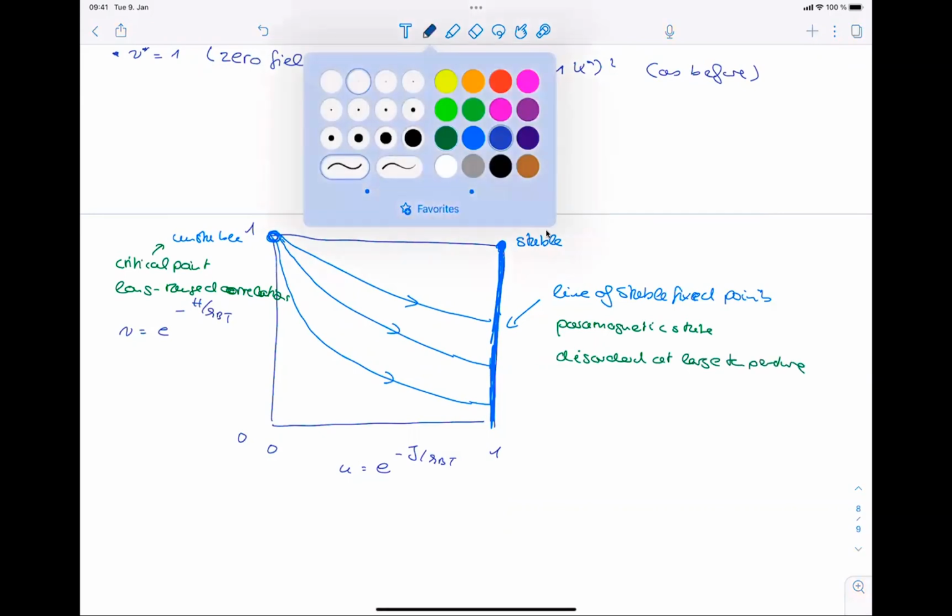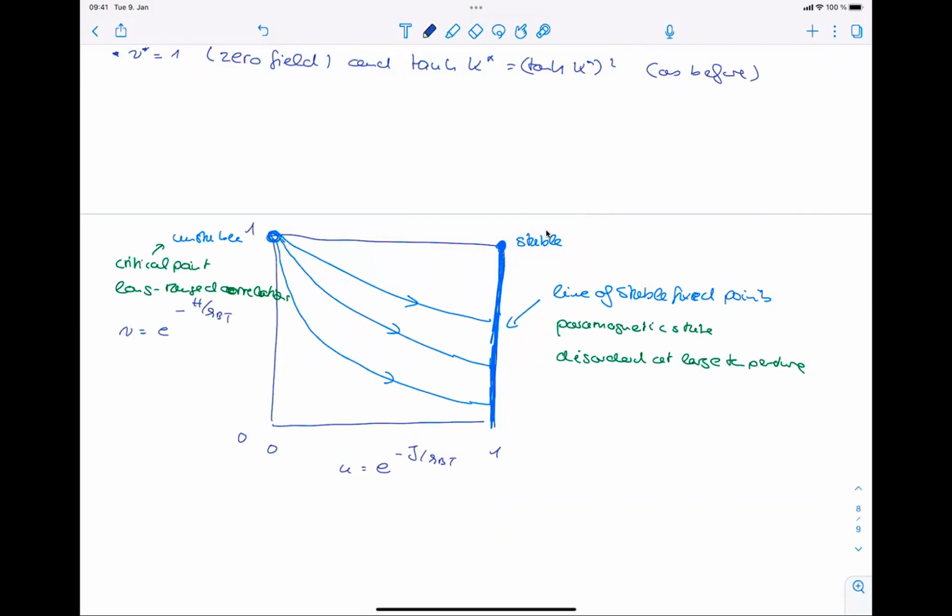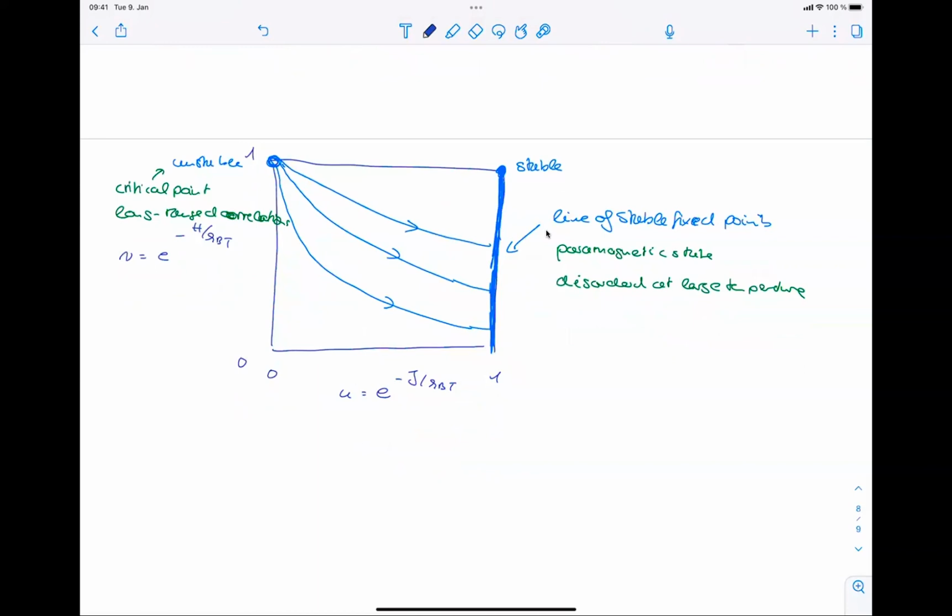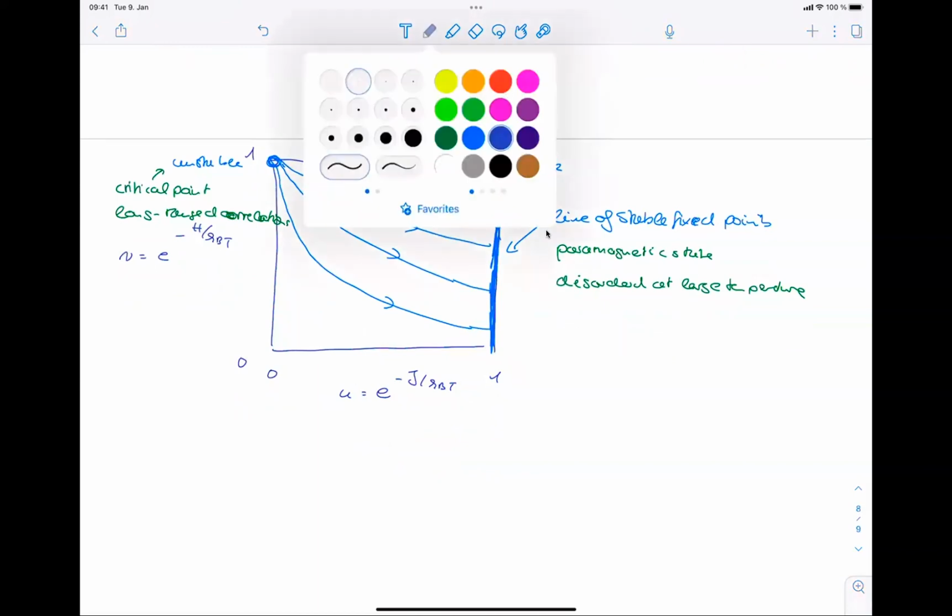So what I hid from you is how to identify the quality of these fixed points. And this is resulting from linearizing.